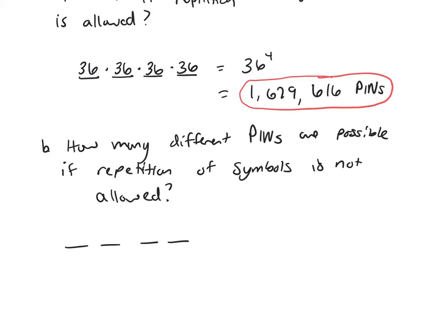For the first symbol, I have 36 choices. And then for my second symbol, I don't have 36 choices anymore because repetition's not allowed. I can't use the one that was chosen in the first one, so there's only 35. The next one, I can't use what was used in the first spot or the second, so there's only 34 choices. And the final one, there's only 33 choices. So there's 1,413,720 pens.